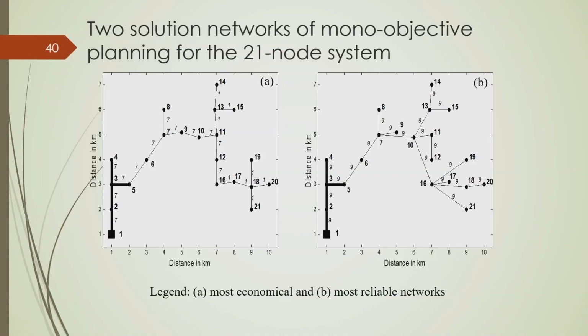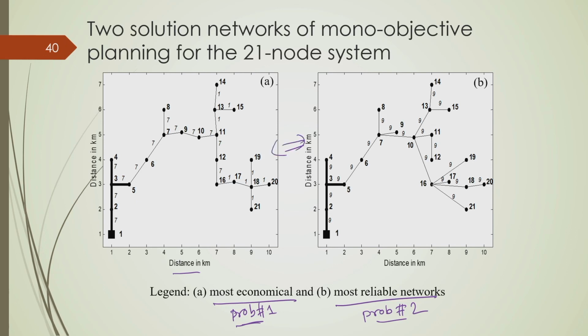And these are the final solutions we get. Here we have shown the most economical solution which we get from problem 1, and this is the most reliable network which we get by solving problem 2. Problem 1's objective was minimizing cost and problem 2's objective was maximizing reliability. Here you can see the difference between these two.